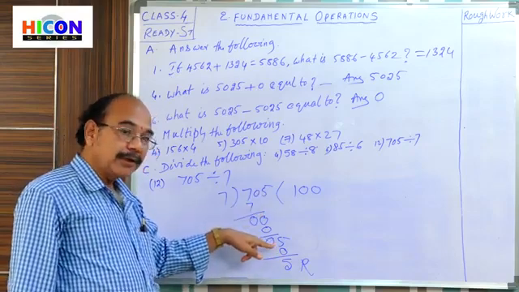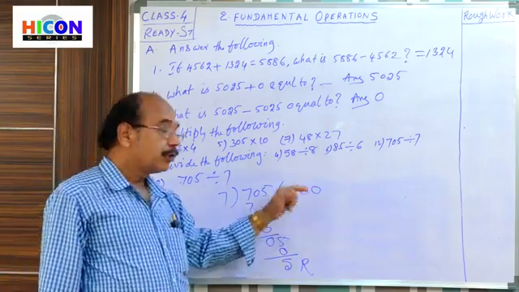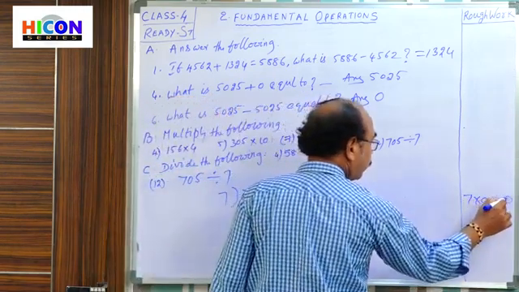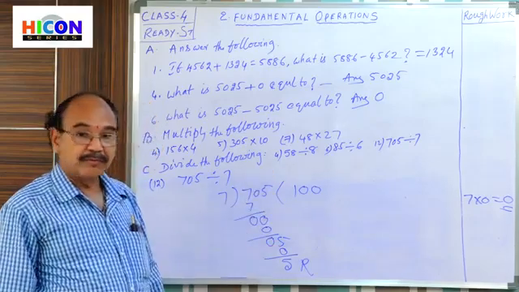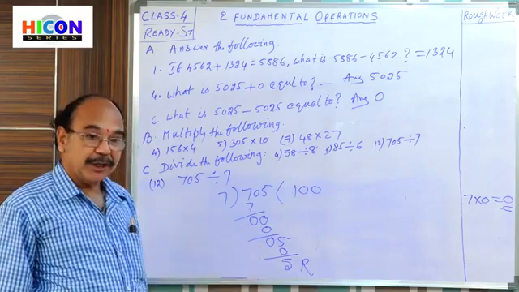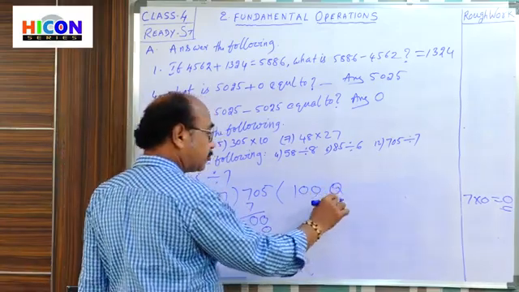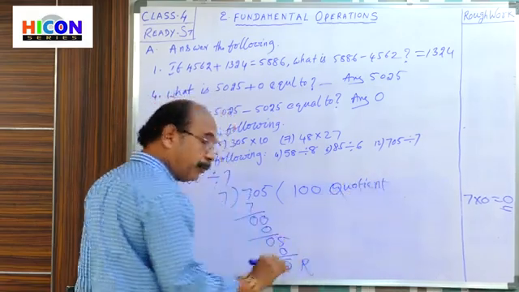That 5 is to be taken here. How many times? 0 times. 7 zeros are 0. That's why 0 times. Now 5 minus 0 is 5. So 5 is the remainder. 100 is the quotient. This is the quotient. This is the remainder.